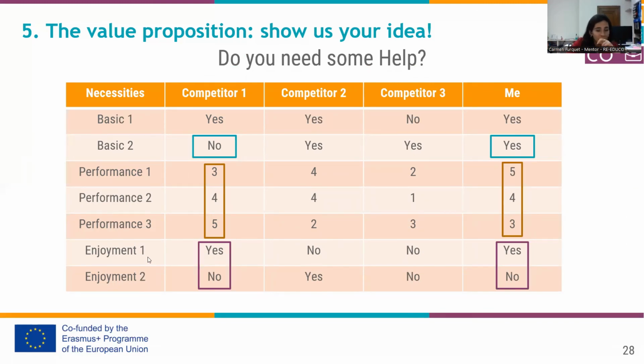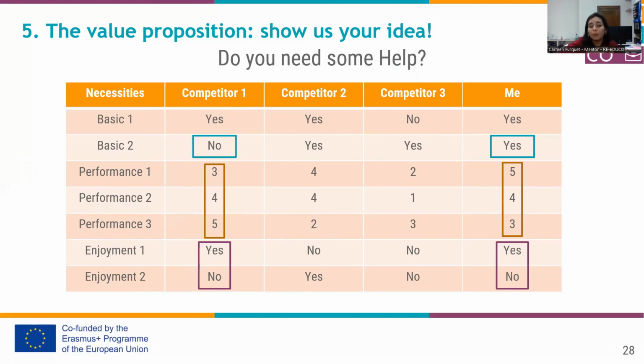So making this analysis, we can see that, for example, competitor number 1 has exactly the same score according to the performance necessities, and has exactly the same score according to the enjoyment necessities. The other ones are far away from our solution.